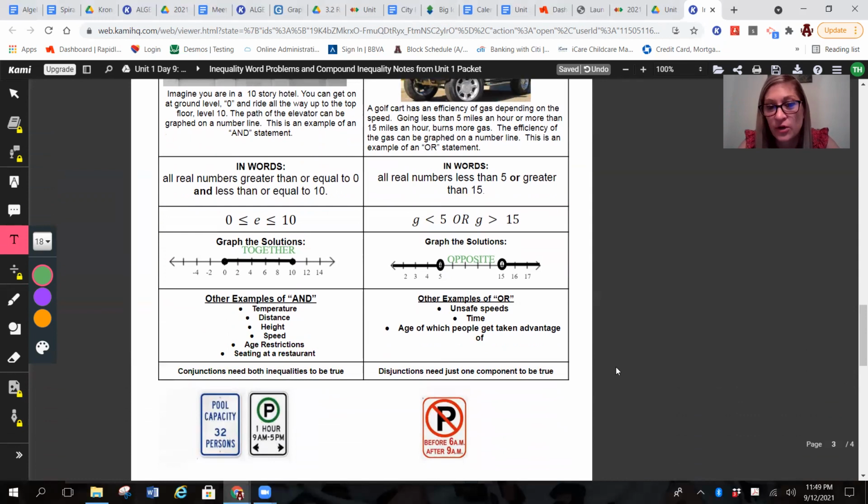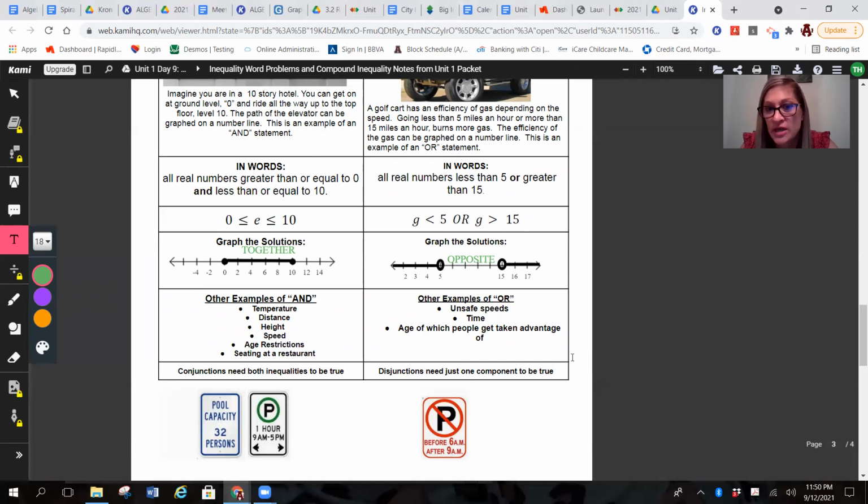And as I was saying earlier, unsafe speeds on a highway: going 0 to 40 on the highway is unsafe. But then also going over the speed limit would be unsafe. So if we looked at that on a number line, you would have your unsafe speeds that are lower numbers on the left and your unsafe speeds that are above the speed limit on your right.